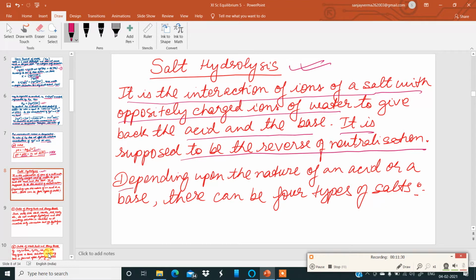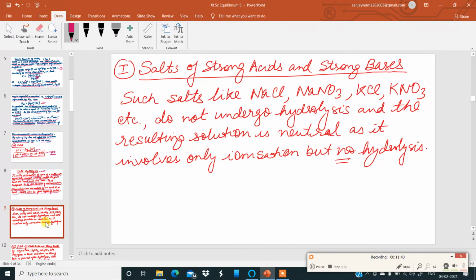Now, depending upon the nature of the acid or base, there can be 4 types of salts, which is more important. So let us see these 4 types of salts one by one. First one over here: salts of strong acids and strong bases.